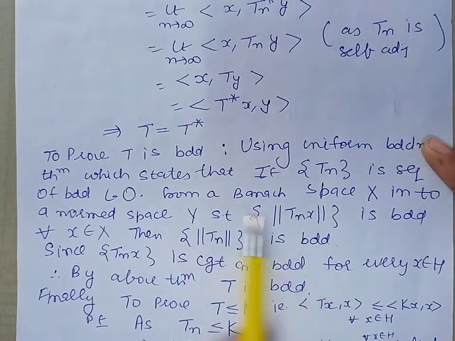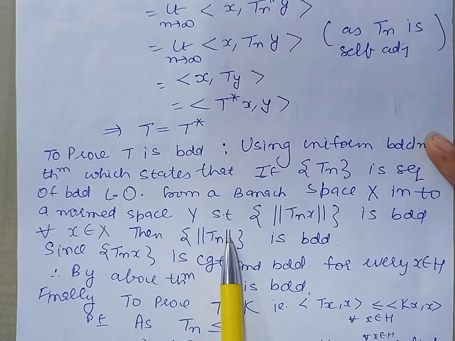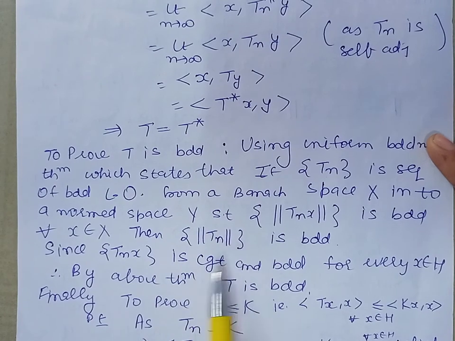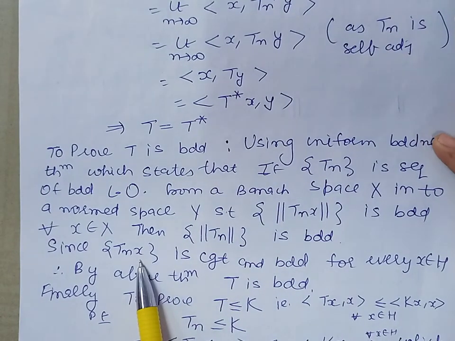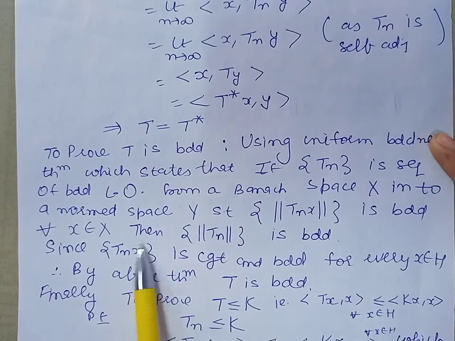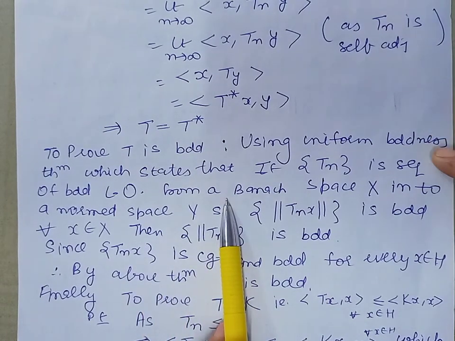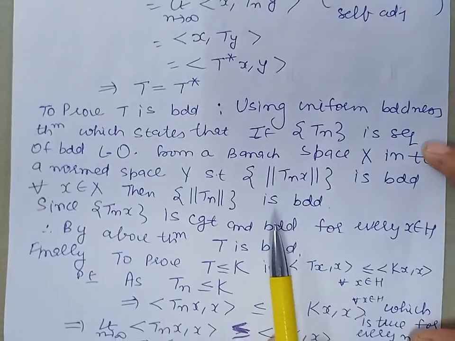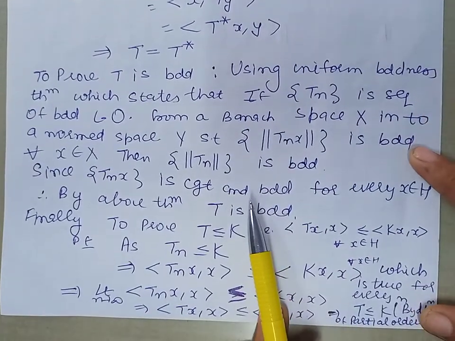So by using this theorem here, because our sequence Tnx is convergent and also bounded for every x belonging to H, by this theorem we can say that the operator T is bounded.